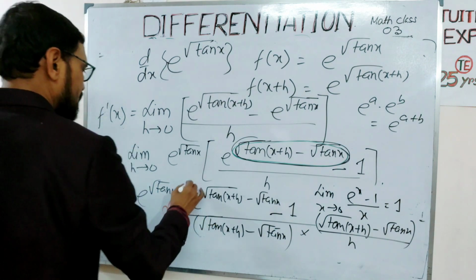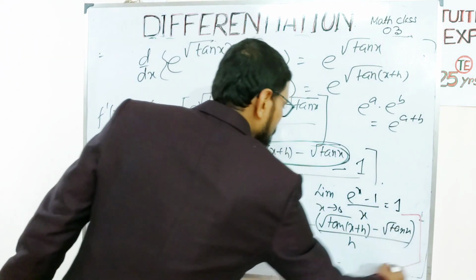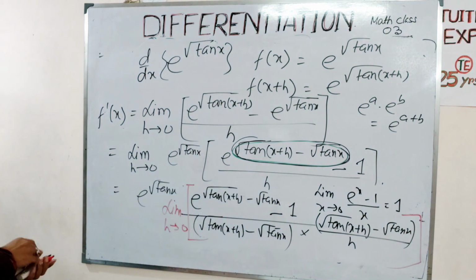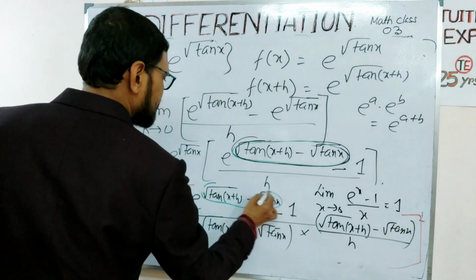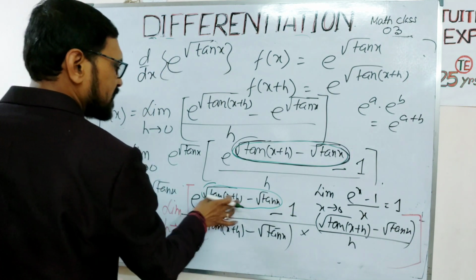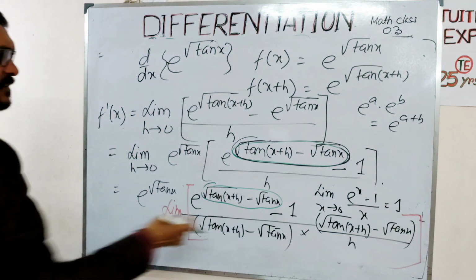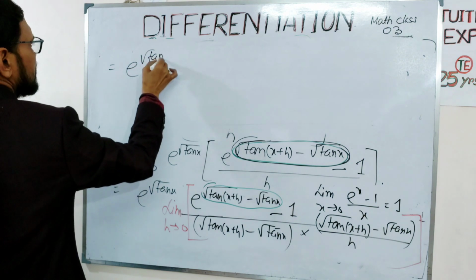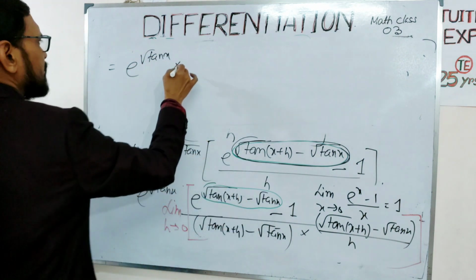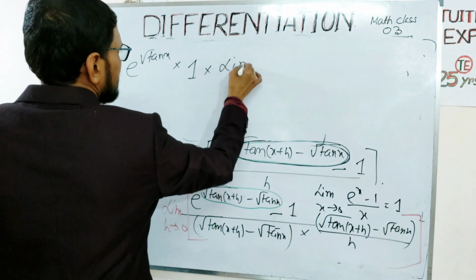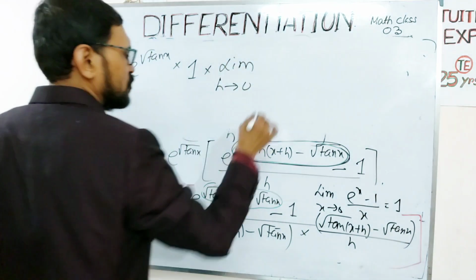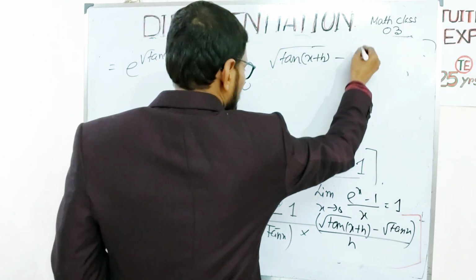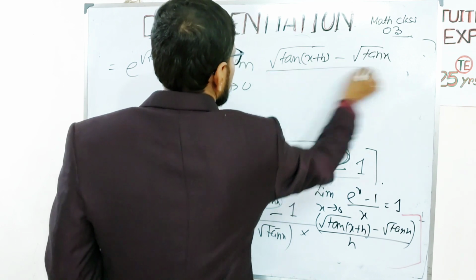Now as limit h tends to 0, this value will be 1, because consider this is x: e to the power x minus 1 by x equals 1. Apply this formula here. So this is 1 to the power root tan x into this value, which becomes 1 into root tan of x plus h minus root tan x by h.